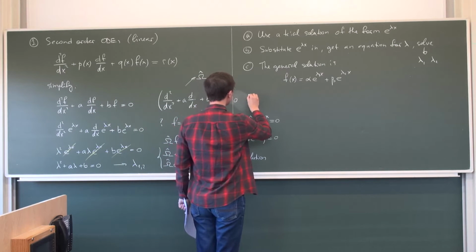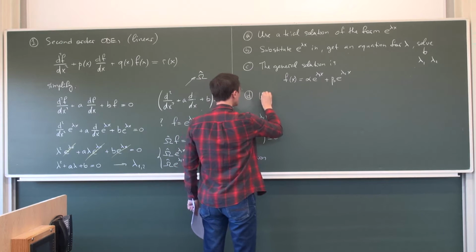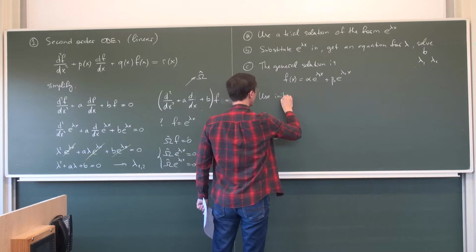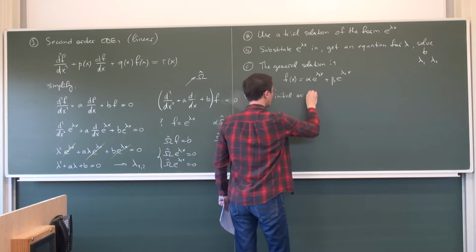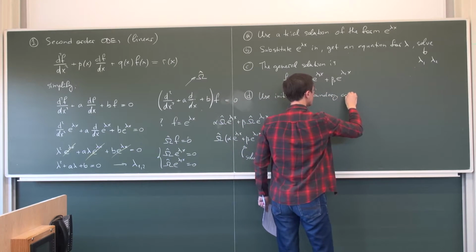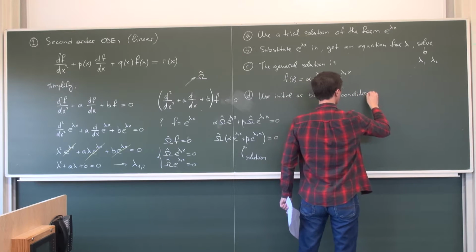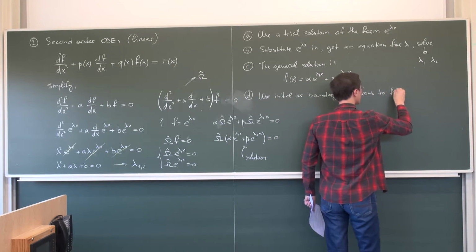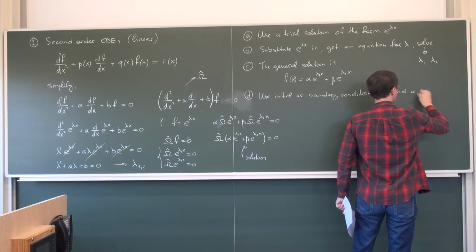So then use initial or boundary conditions to find alpha and beta.